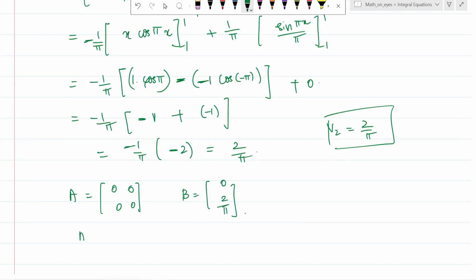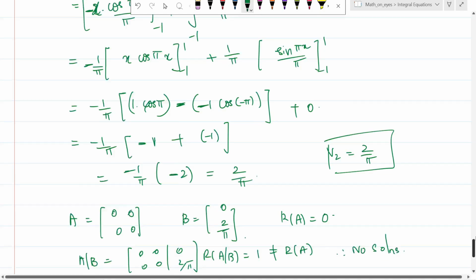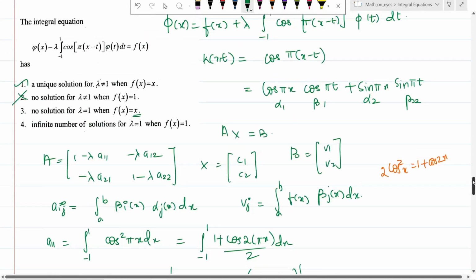When I write the augmented matrix, rank of A is equal to 0 and A by B is equal to 0, 0, 0, 0, and here 0, 2 by pi. Rank of A by B is equal to 1 and it is not equal to rank of A. Therefore, no solution. So this option is true.